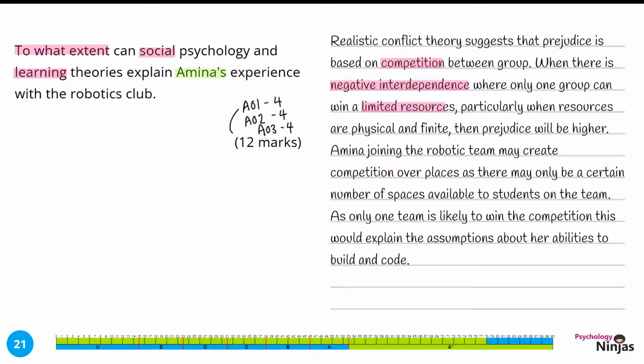We've linked this to various details within the STEM, that we're talking about Amina joining a robotics team and that this creates competition over places on the team, but also that that team is competing in a competition and it's likely to only have one winner. This creates the assumptions, which is showing the prejudice about her ability to build and code the robot.